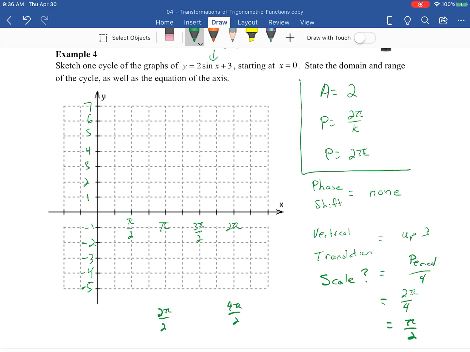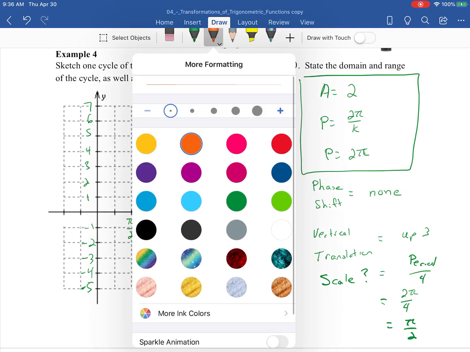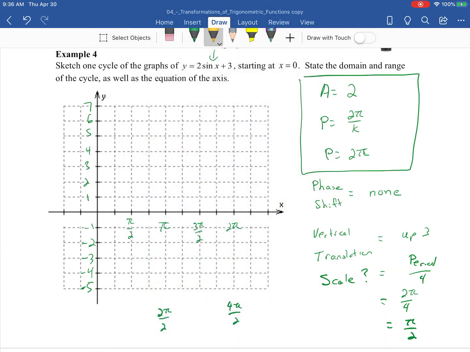Now, you can do it all in one step, but I don't. I first draw a bit of a drawing of a graph that has the right amplitude and period. Here's what I mean by that. I'm going to go to another color, sort of a light orange, that hopefully when it's done won't be the major feature of things. The graph of sine starts at 0.